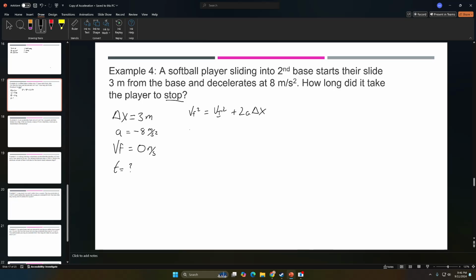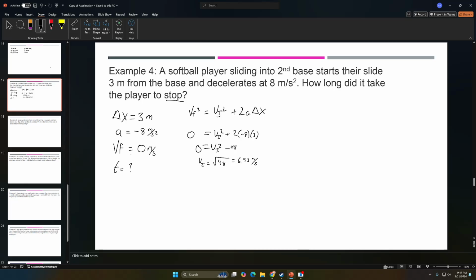That gives me 0 equals v initial squared plus 2 times negative 8 times 3, which is v initial squared minus 48, which means v initial equals the square root of 48, which is just about 6.93 meters per second.